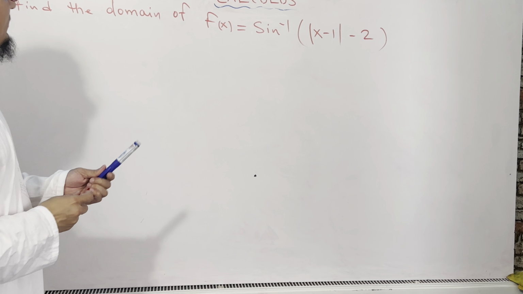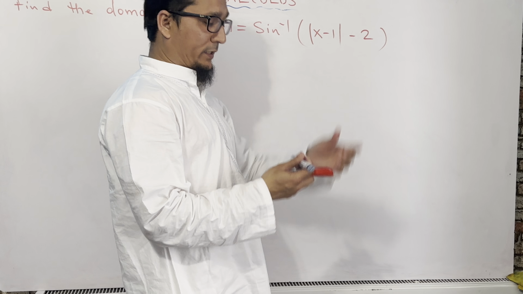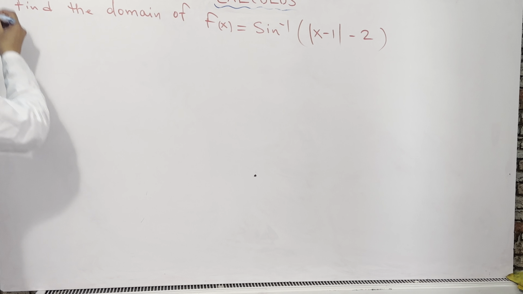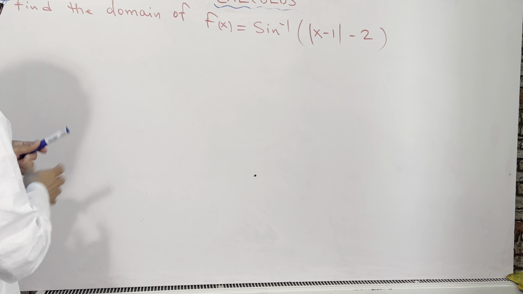We have this question, find the domain of f(x) equals sine inverse of mod of x minus 1, minus 2. Okay, so this is your question, right? And I'm going to tell you the answer.